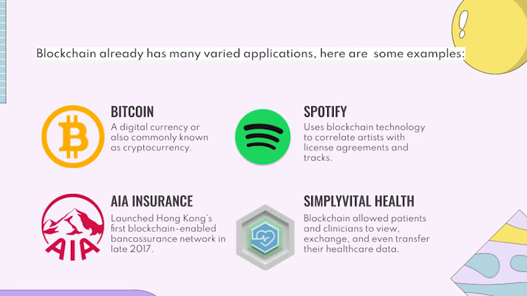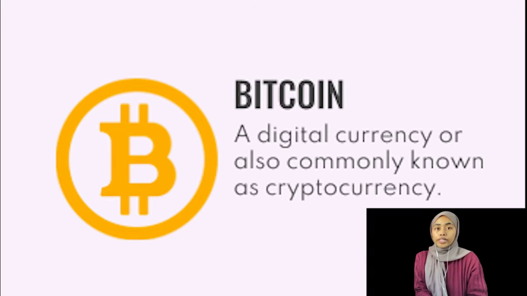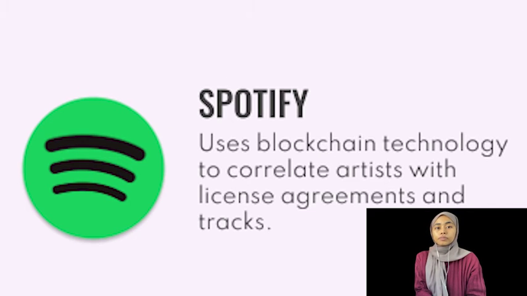However, so far, the most successful implementation of blockchain is the Bitcoin. Bitcoin is actually a peer-to-peer electronic cash system that is also commonly known as cryptocurrency. This electronic type of funds can be transferred safely from one person to another without any intermediaries.